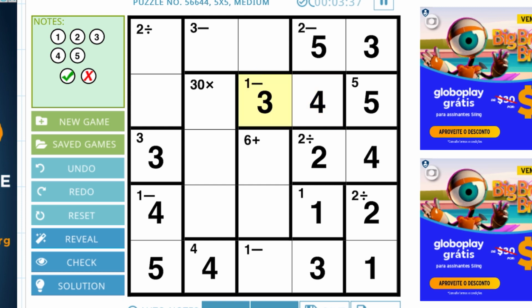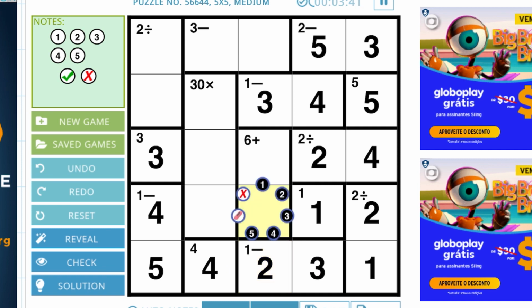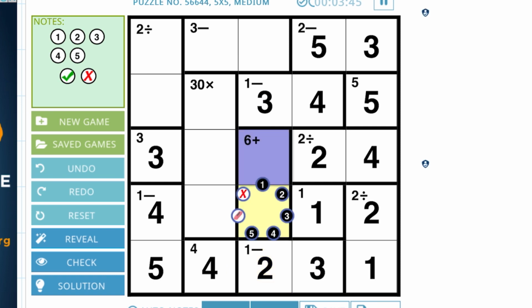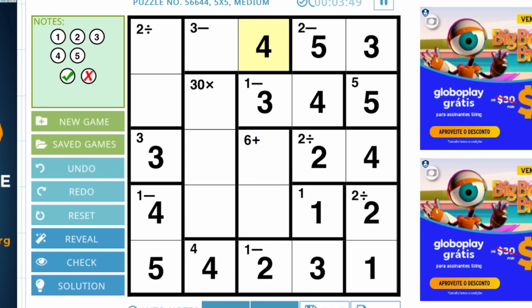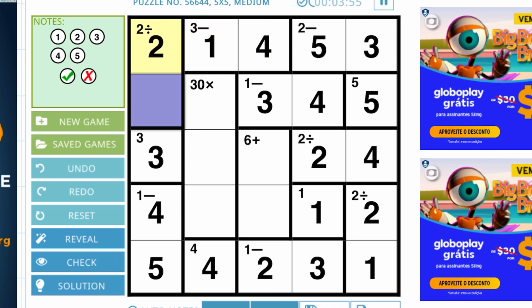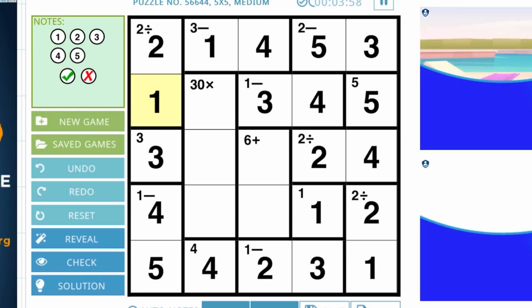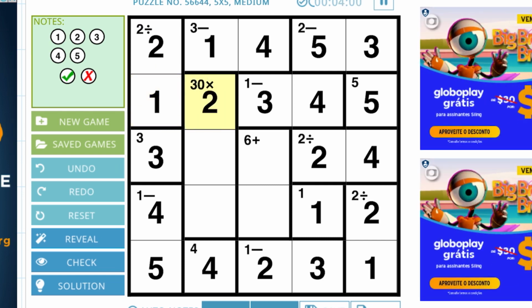Then, this must be a 3, and this must be a 2 to complete the signs. 5 and 1 are the only things that can fit here, so this must be a 4. Then, to subtract to 3, you need a 1. And this must be a 2. That means that this must be a 1, this must be a 2, and now we just have 4 squares.